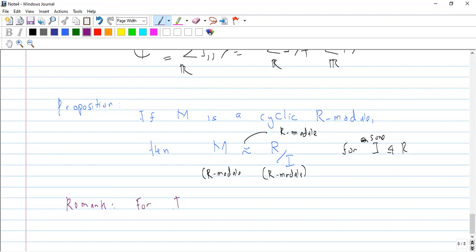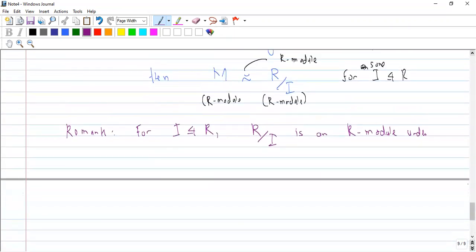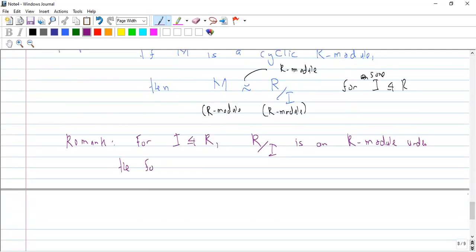So for an ideal I of R, R over I is an R module under the following operations. ओके, फर्स्ट ऑपरेशन क्या है? एडिशन. जस्ट क्या होती है एडिशन? तो वही होती है जैसे कोसेट की एडिशन हो जाती है, दैट (r + I) + (r' + I) = (r + r') + I.